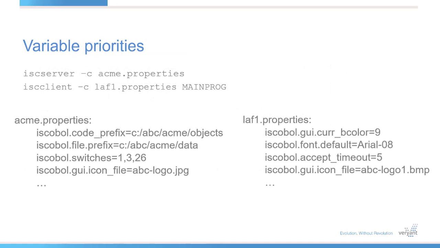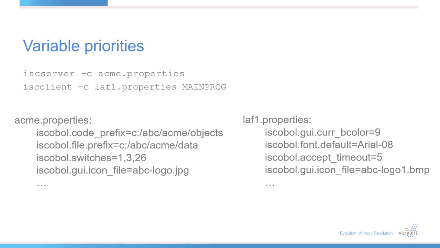Now, before we get to the demonstration, I want to talk about setting variables. Remember that if you set a variable twice, the last value read is the one that's used. So here's an example. When ISC server is started, it loads acme.properties, and acme.properties uses the GUI icon abc-logo.jpg.